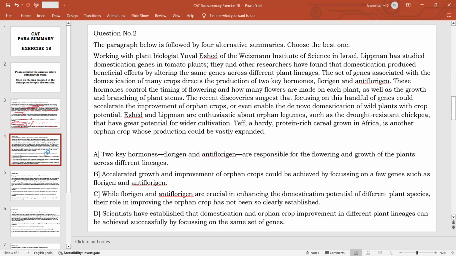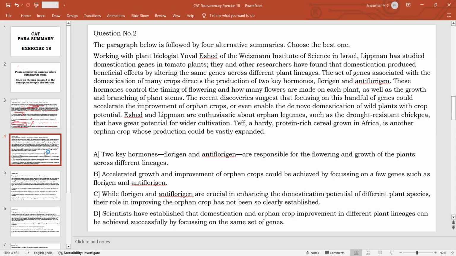And in the process of development of orphan crops. What are orphan crops? Even if you don't understand what orphan crops are, it is not going to be a problem. But for the sake of your understanding, orphan crops are crops that are found in a small area or are regional crops that are then developed to be cultivated over a large area.